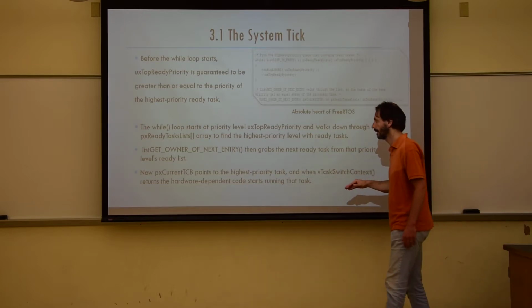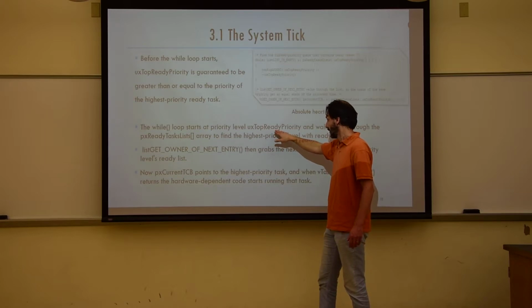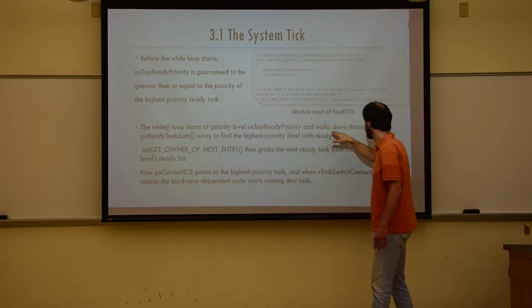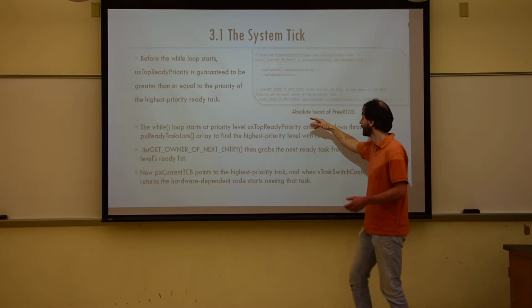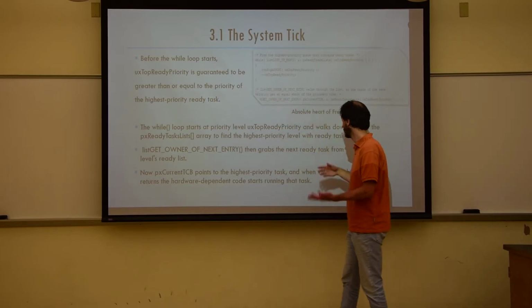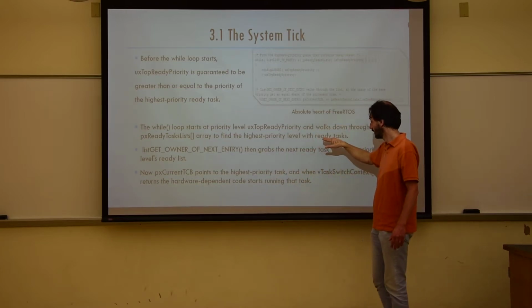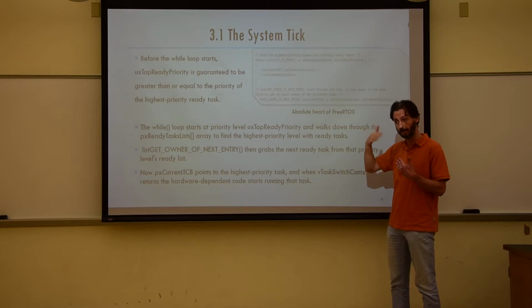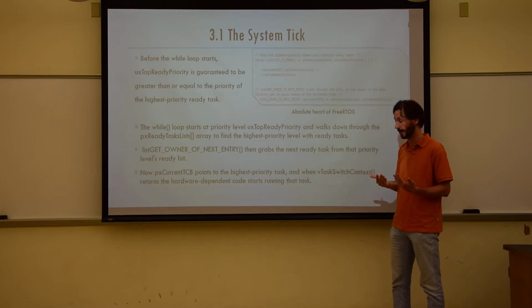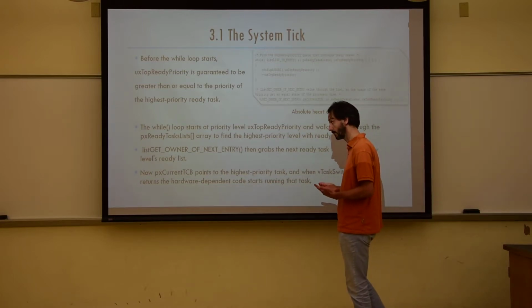So effectively, the while loop starts at the top ready priority level and walks down. That's the variable that you have, and then it decrements it until you find the highest priority level that actually has ready tasks. So all the other ones above it with higher priorities, all those lists are empty and have no ready tasks to execute.